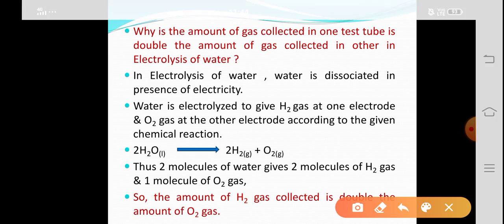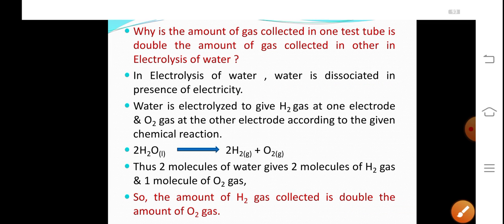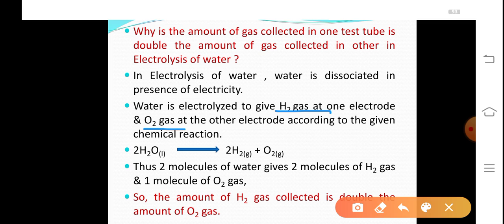So here is the answer. In electrolysis of water, water is dissociated in presence of electricity. Electricity, being a type of energy, helps in the decomposition of water. Water is electrolyzed to give hydrogen gas at one electrode and oxygen gas at the other electrode.